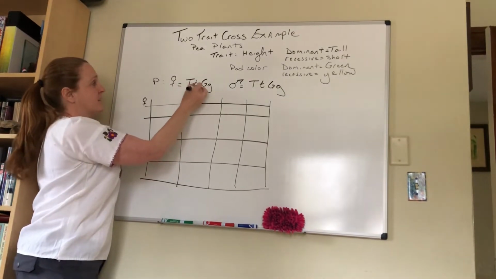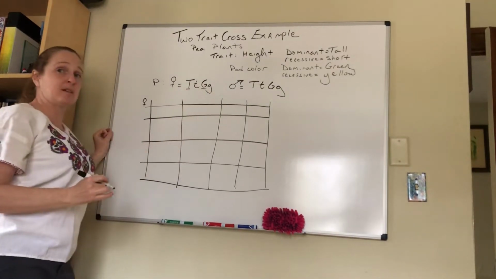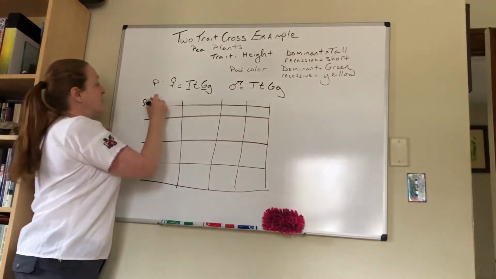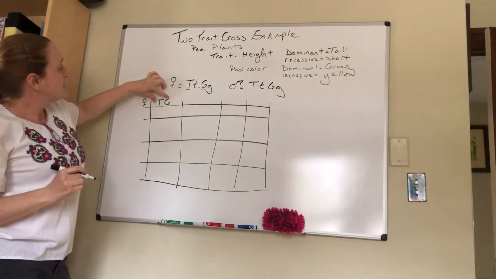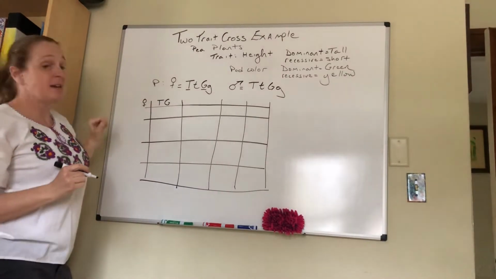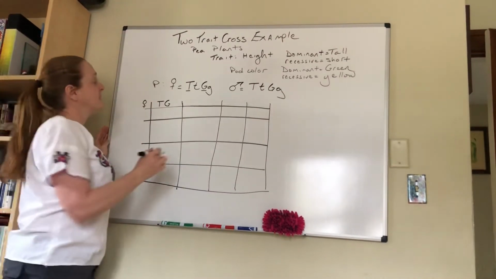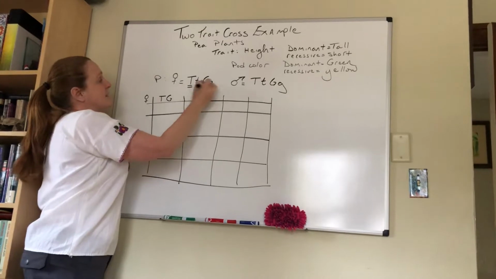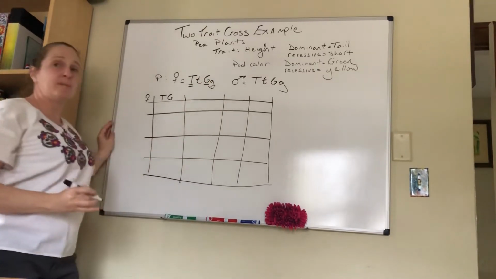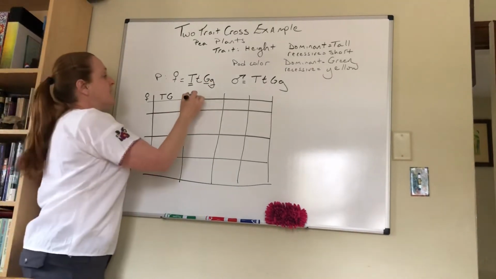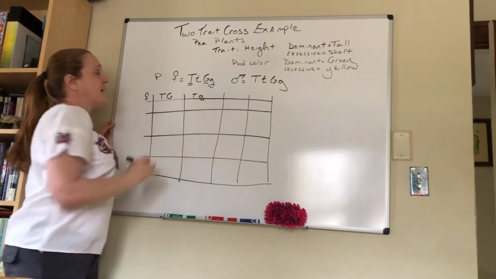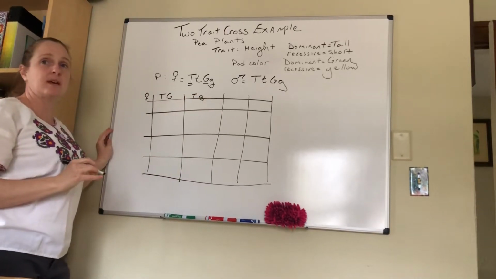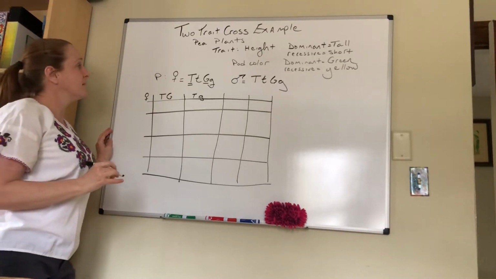I'll take the first letter from each homologous pair of chromosomes. So one possibility for my female's gametes is that she has the dominant gene for height and the dominant gene for pod color. I take the outside letter from each homologous pair of chromosomes. Another possibility is the dominant gene for height, but the recessive lowercase letter for pod color.